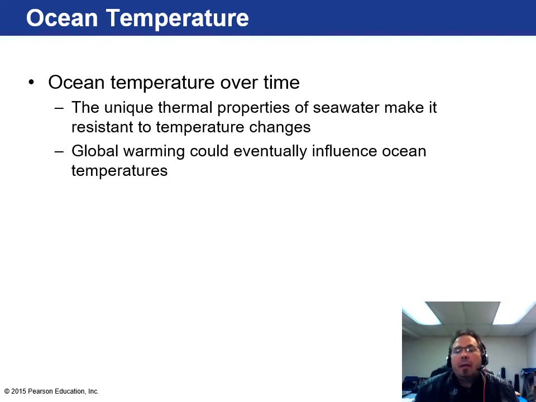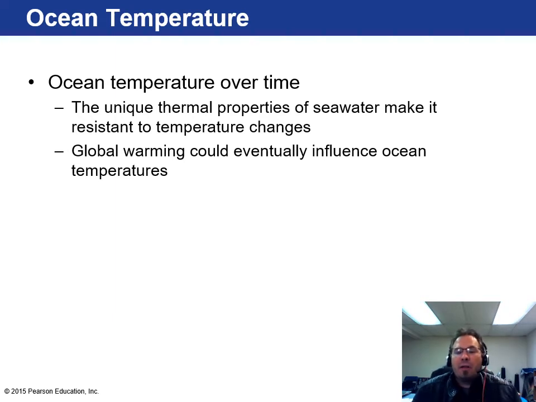They shrink. But water is just the opposite. When it freezes, it expands. That's why if you leave something in the freezer, let's say a bottle or a can of something, and it blows up, it's because the water in there expanded and burst open through its container. So the same thing sort of applies with some of these thermal properties. Water is really weird that way.